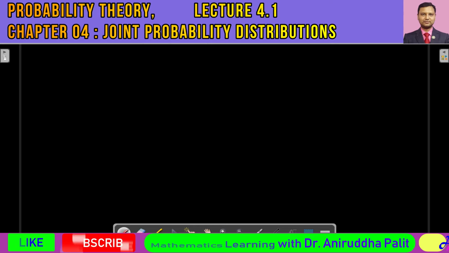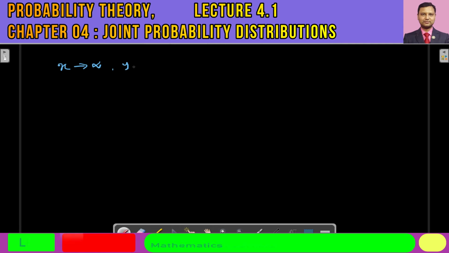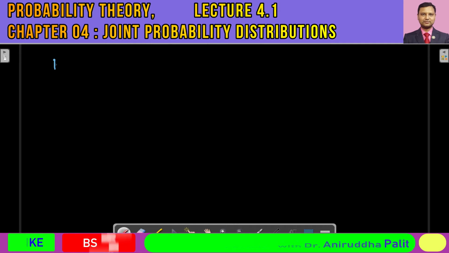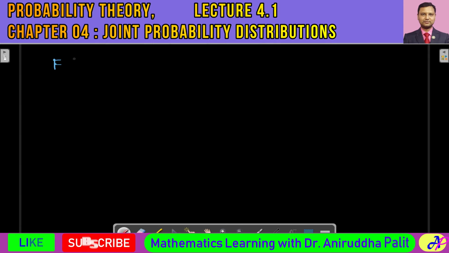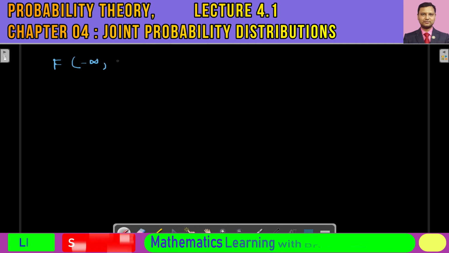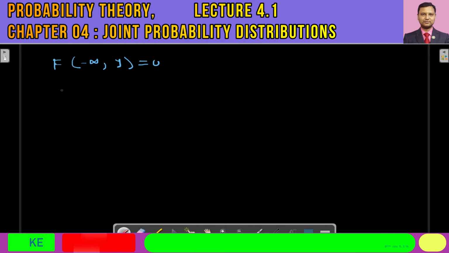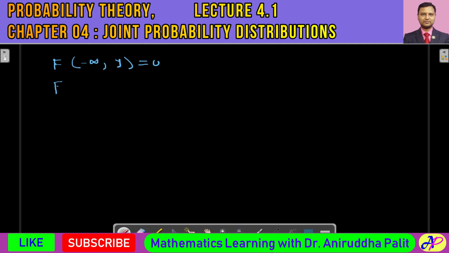If you consider this kind of limit, x tending to infinity and y tending to infinity. But before that, let me complete the previous discussion first. We had this result, f of minus infinity comma y is equal to 0, and one more result, f of x comma minus infinity, that is also 0.